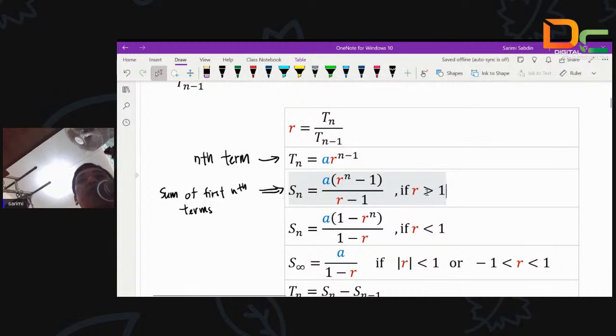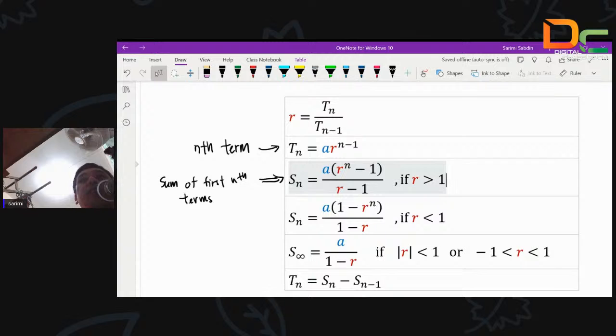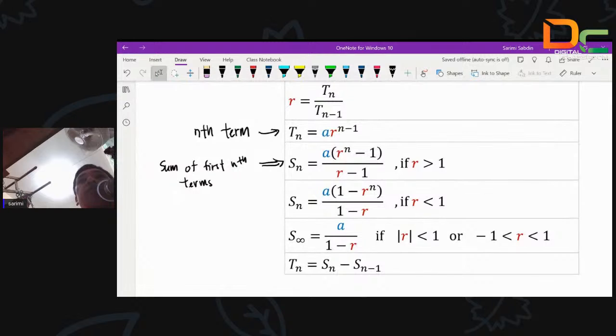When R is greater than 1, we use this formula where we take R to the power of n minus 1 over R minus 1. When R is less than 1, we use the formula 1 minus R. So make sure you take the correct formula according to the value of R that you have.